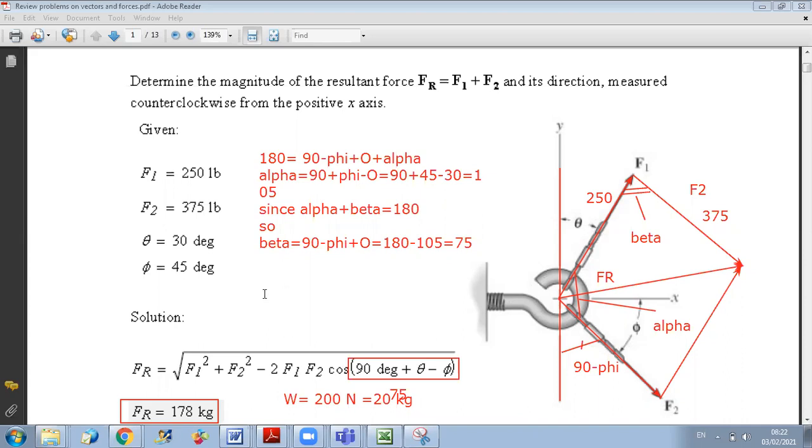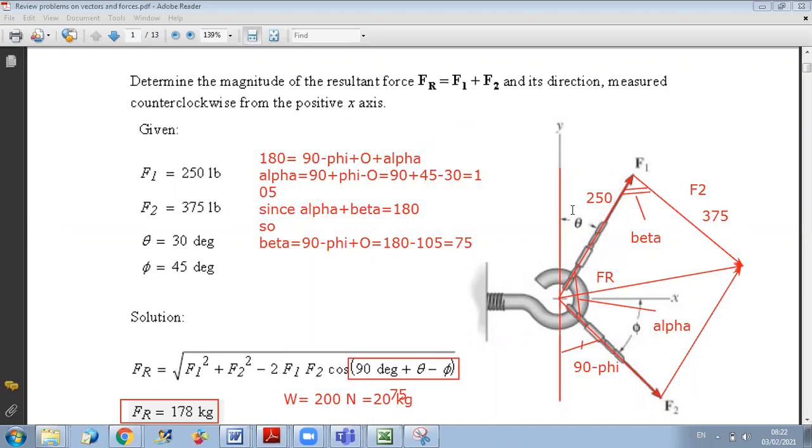But we are not done here. Pay attention. They still need to find the angle measured counterclockwise from the x-axis. Our figure is not very accurate, because the resultant force will be from the lower side.